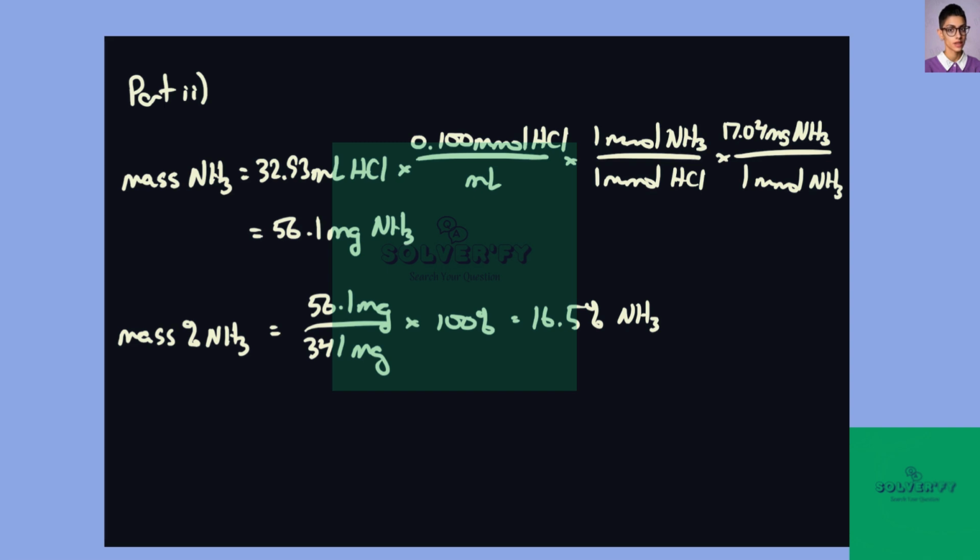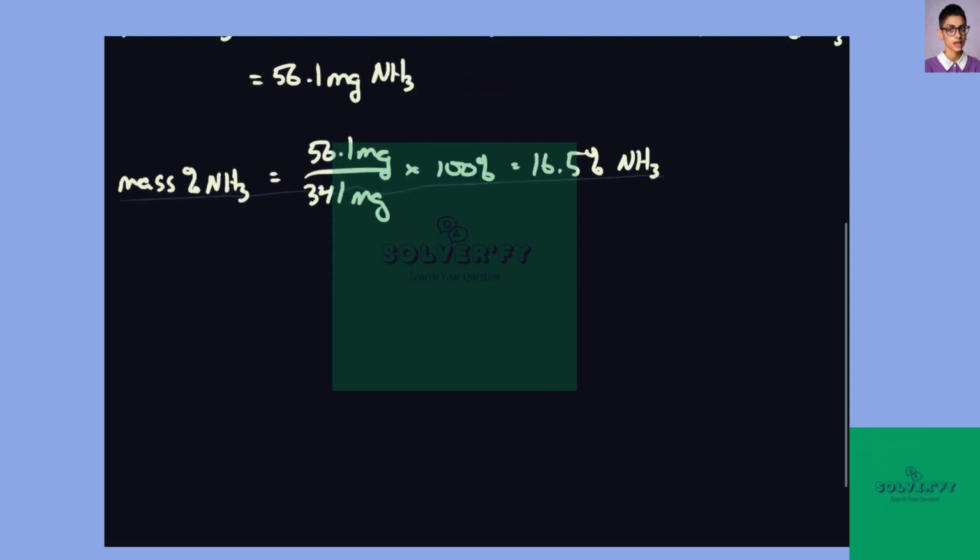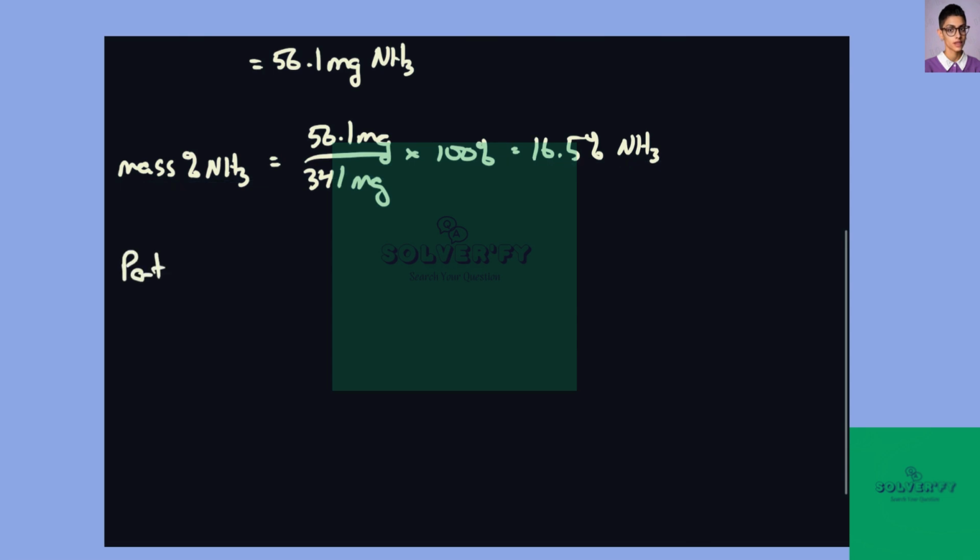Now for part 3, let's combine the mass percent values to check if other elements might be needed. So we have 74.53%, which is the percent of the iodine by mass, plus the percent of the chromium, plus the percent of the ammonia.